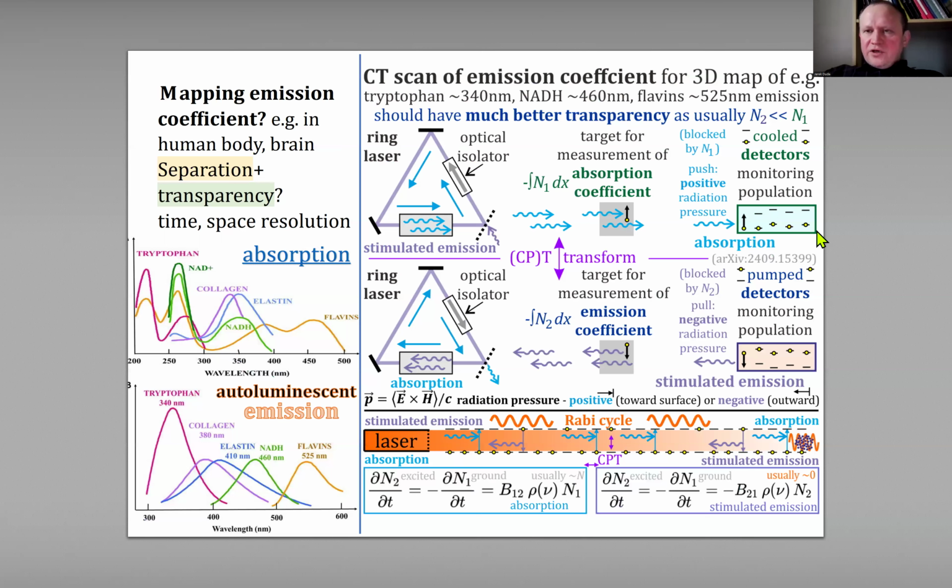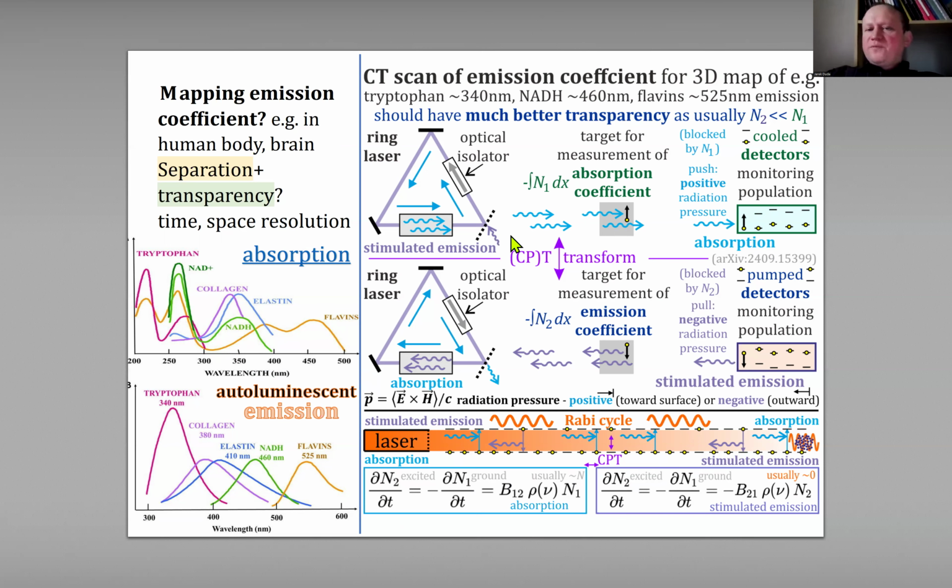And here is the detector, which is cooled, and we monitor populations of the detector. In between there is, let's say, a human body, and it subtracts the number of ground state atoms on the go. So it measures the absorption coefficient for this light path with positive radiation pressure.